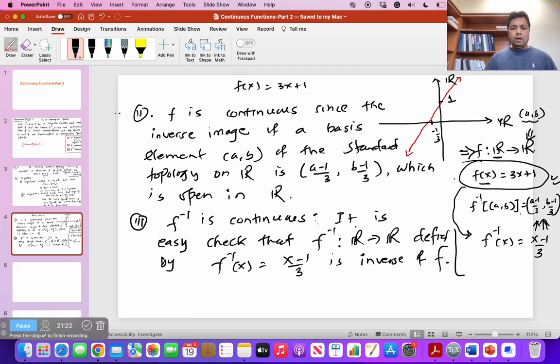So we found the inverse of our function, and this function has to be continuous. The inverse is from R to R, both with the standard topology. So this inverse is continuous if the inverse image of a basis element for the standard topology on R is open in R.